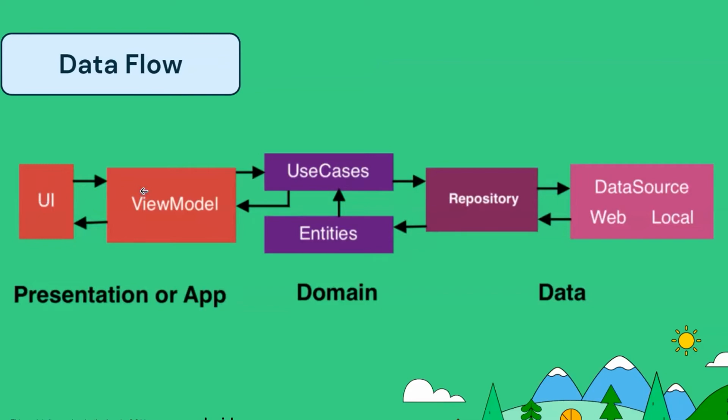It's also a class, right? Now the view model sends it to the use cases. We'll explain use cases in a moment. So use cases interact with repositories. The repository basically interacts with the data sources, the web or the local data sources that we have.